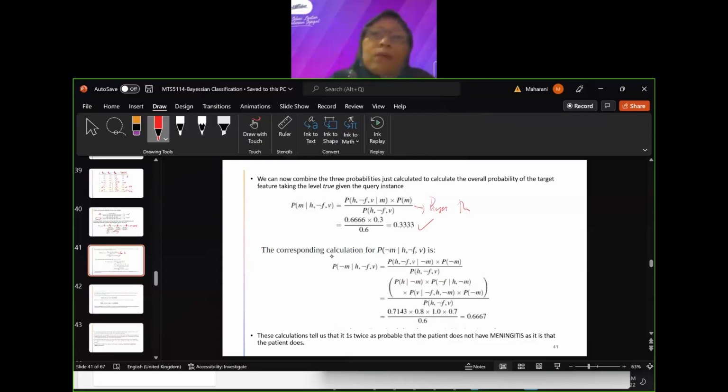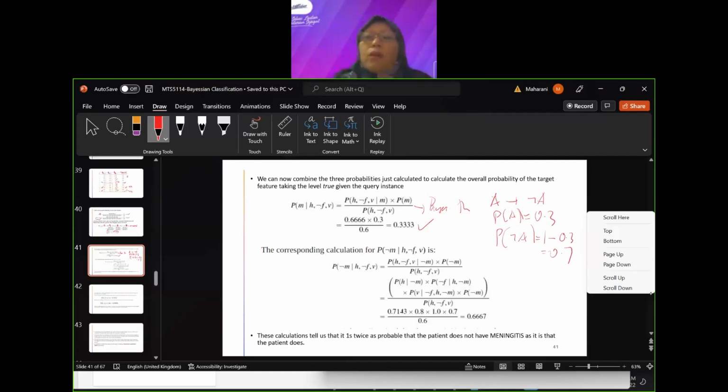Remember, if we have event A and the opposite is non-A, then if P(A) equals 0.3, for instance, then P(non-A) equals 1 minus 0.3, which is 0.7.